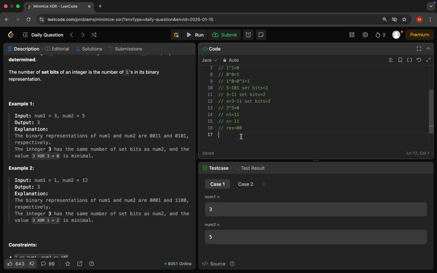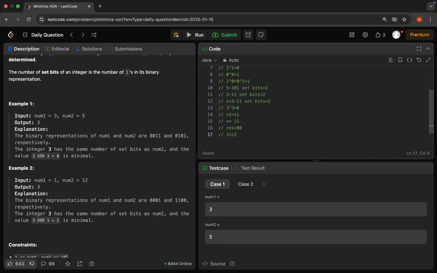Like if num2 contains two set bits, how many combinations can be processed? An integer consists of 31 bits, so there are 31 C 2 combinations which can exist.